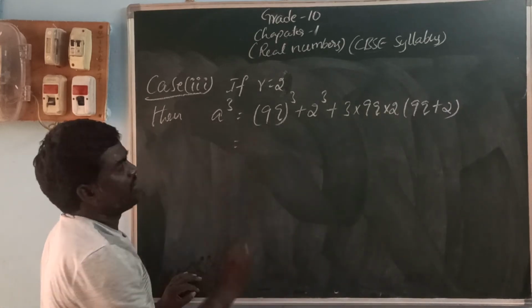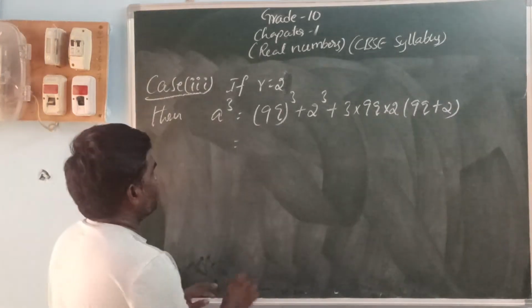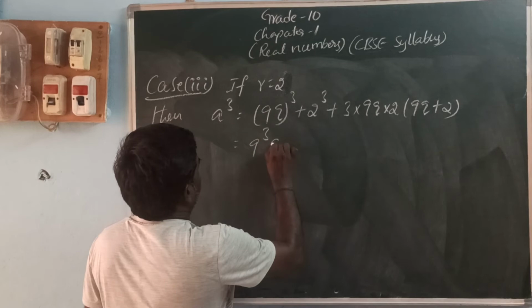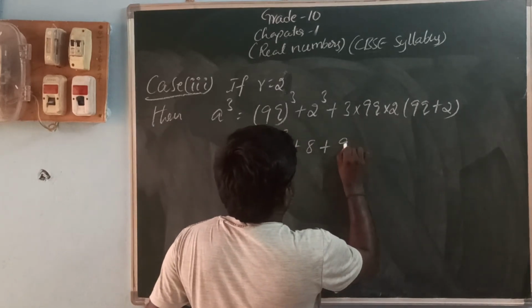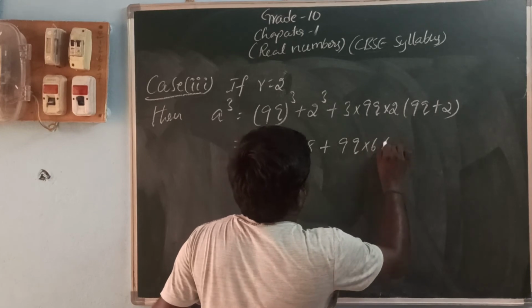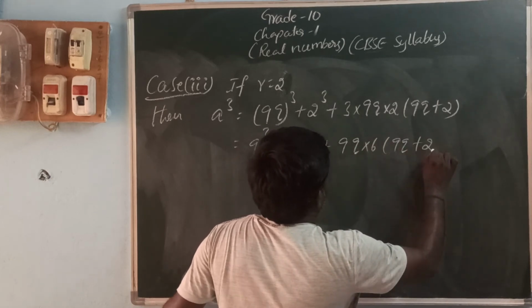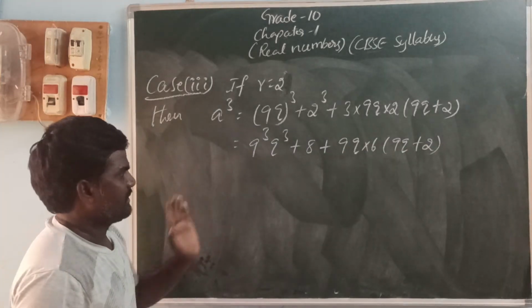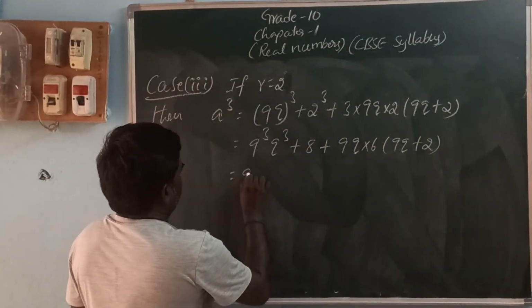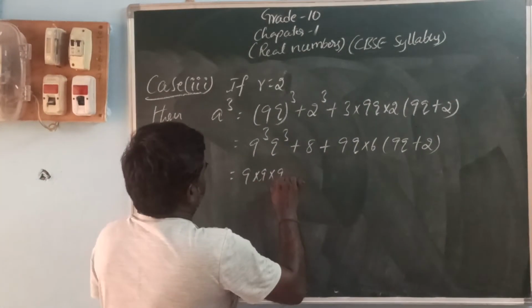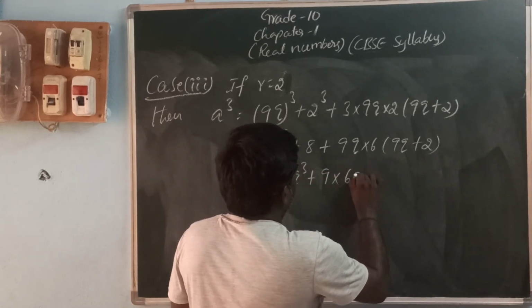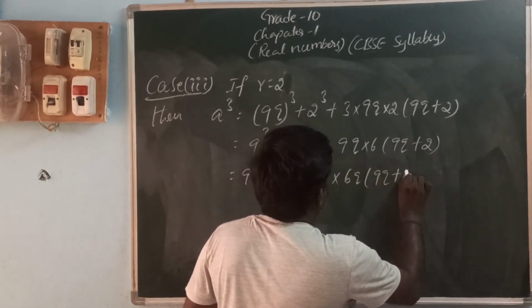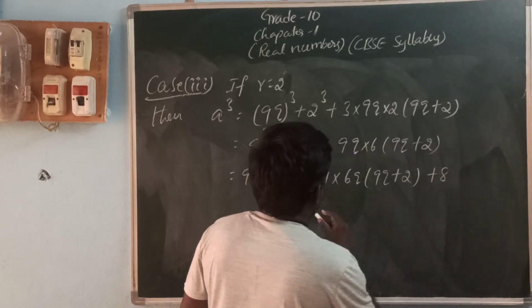Using a power m into b power m, that is 9 cube cube plus 2 cube, which is 8, plus 3 twos are 6, 9 cube into 6 of 9 cube plus 2. This expression we can arrange like this: 9 into 9 into 9 into cube, plus 9 into 6 cube of 9 cube plus 2, plus 8, the last term.